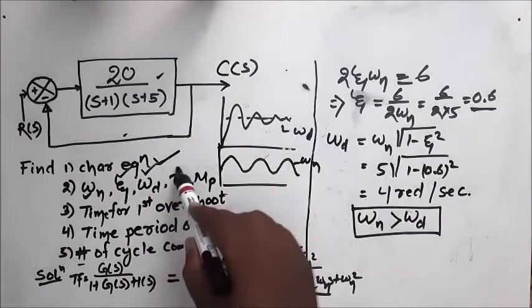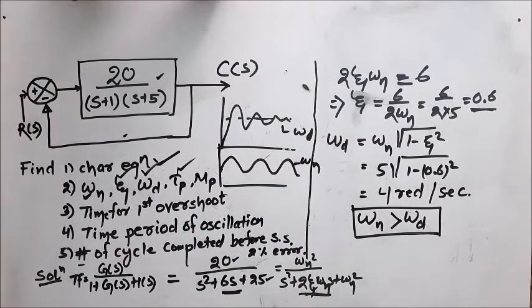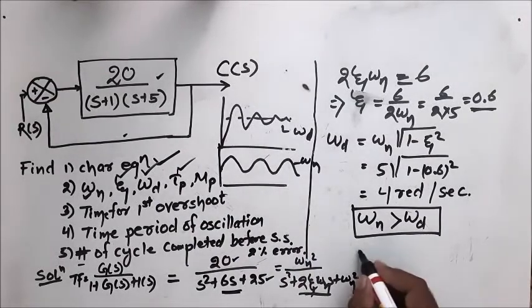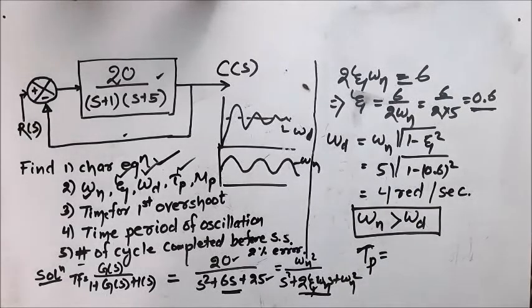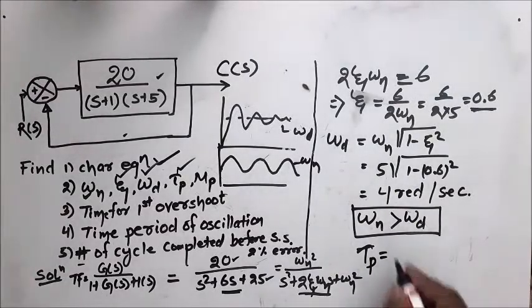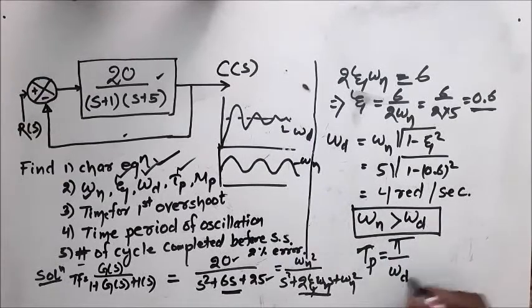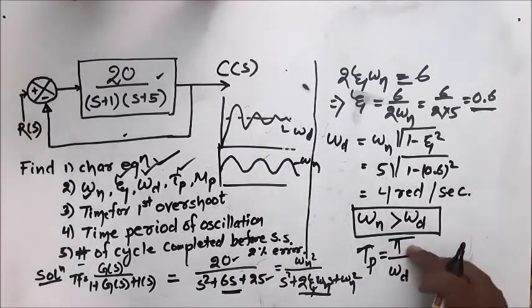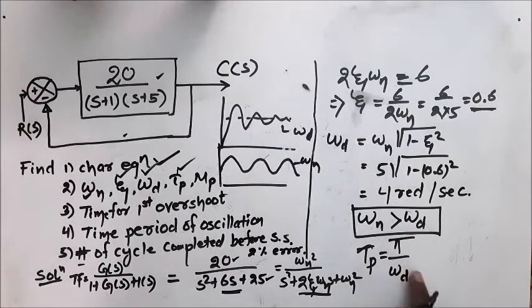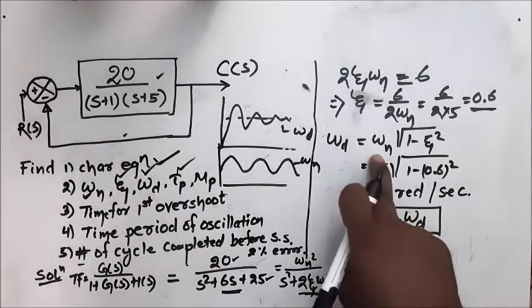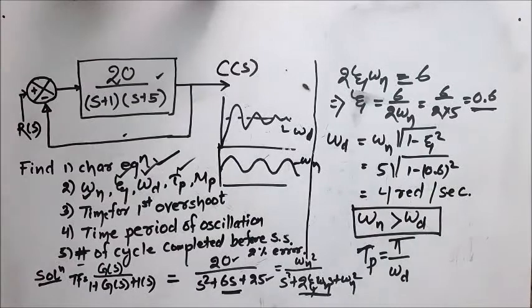So we have found out this omega d. Now Tp, what is Tp? Tp is nothing but the peak time, or we can write tau p. So the Tp formula will be pi divided by omega d, or we can write pi divided by omega n under root 1 minus zeta square.